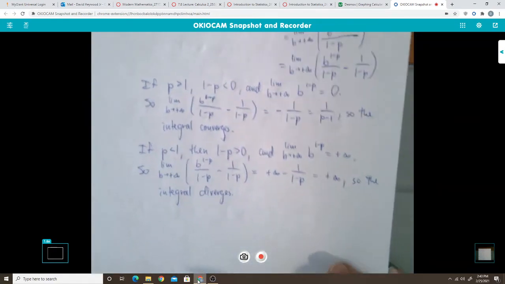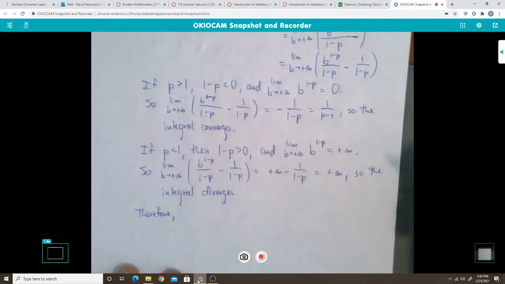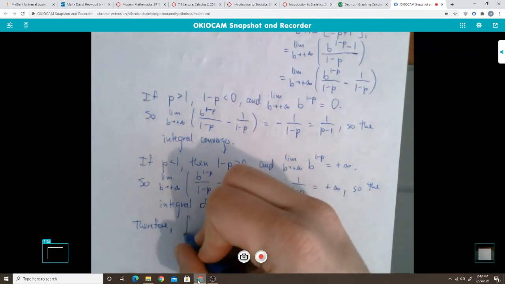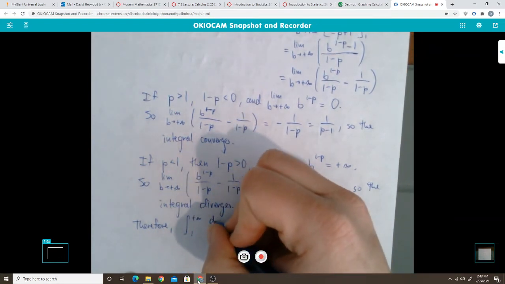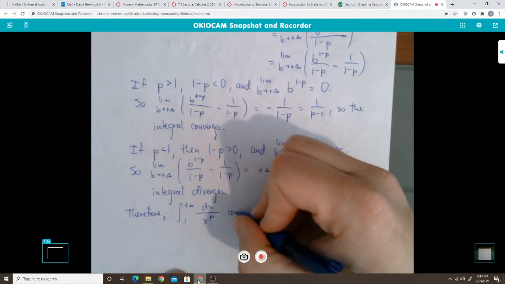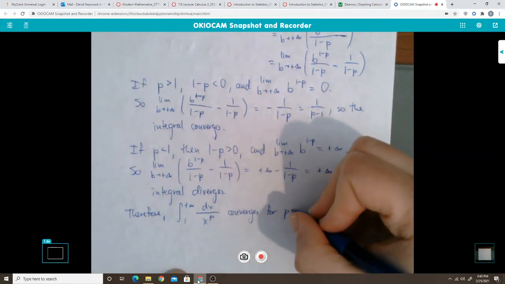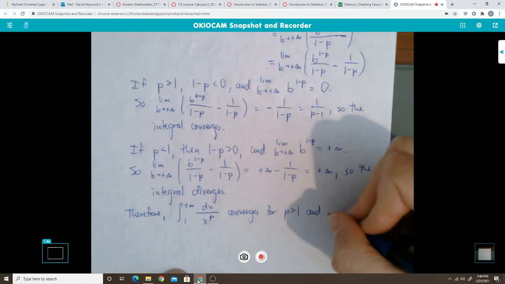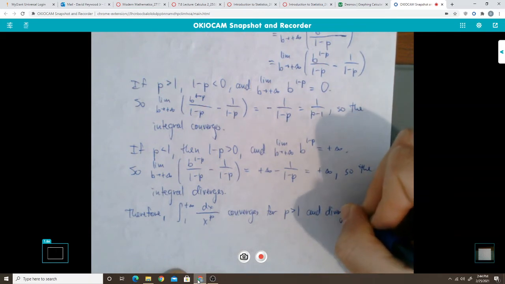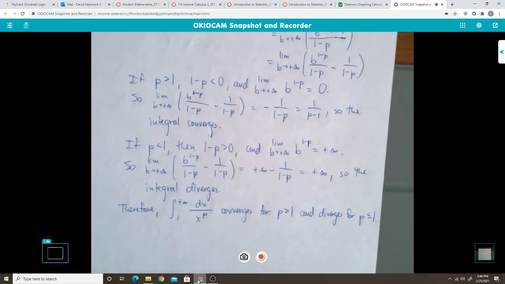And so we can say, therefore, the integral from 1 to positive infinity of dx over x to the p converges for p greater than 1 and diverges for p less than or equal to 1. Okay? And that's that one. So there's the answer, right?